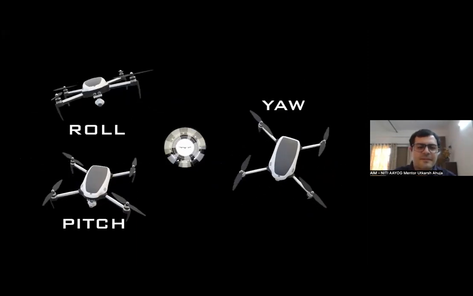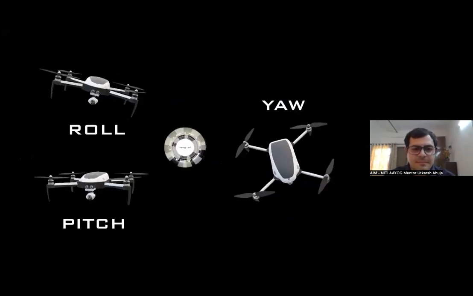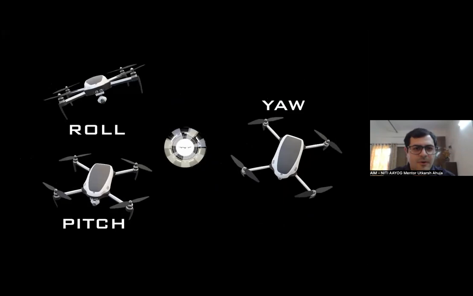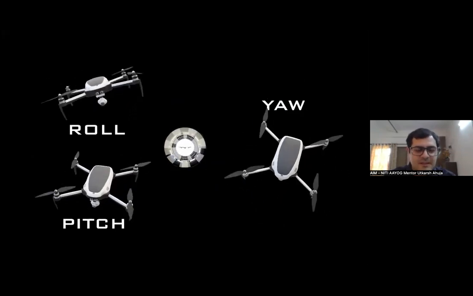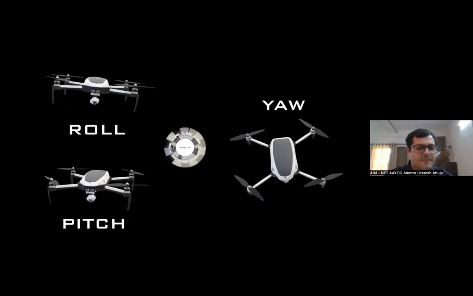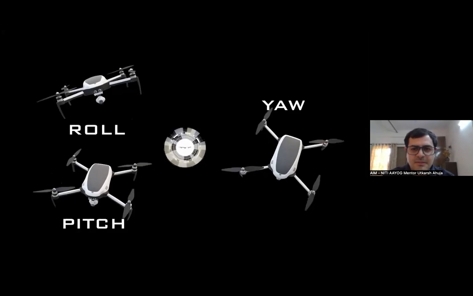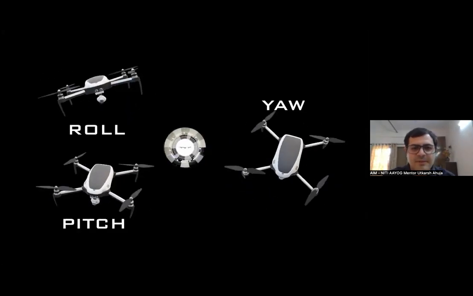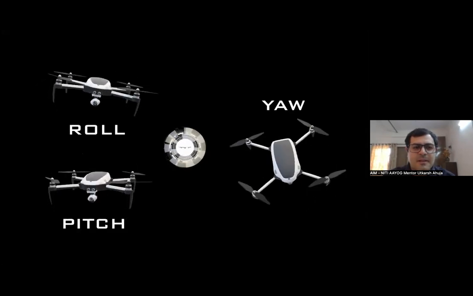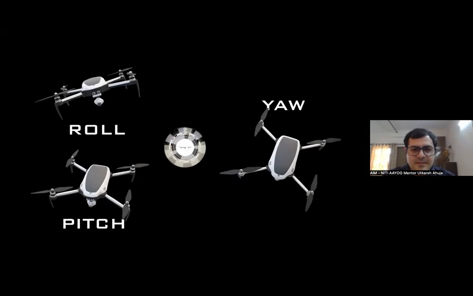So in the case of a drone system, these are roll, pitch, and yaw. In case of a drone, wherein the shape is, let's say, very symmetrical, roll and pitch become the same. I mean, in case of dynamics, when we calculate, roll and pitch become the same. But the drone shown here has different symmetries.